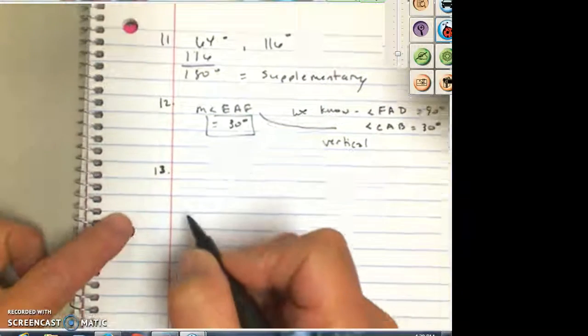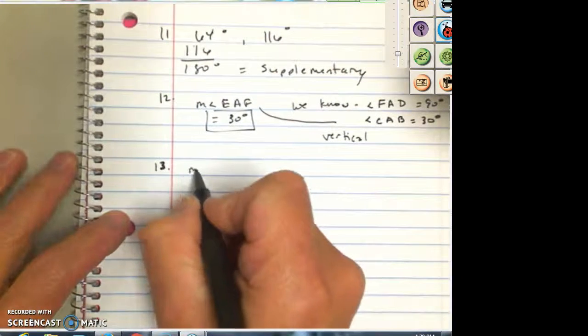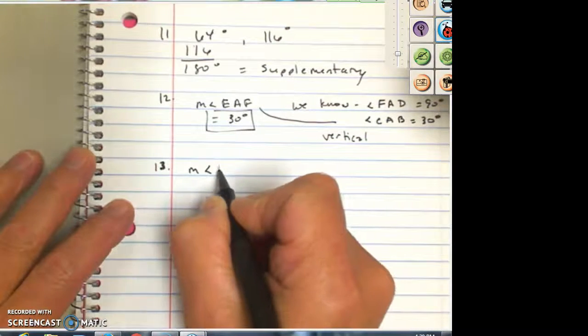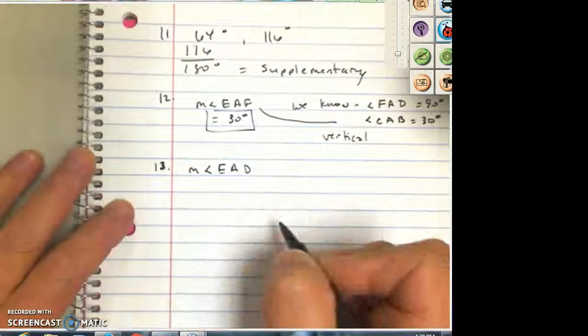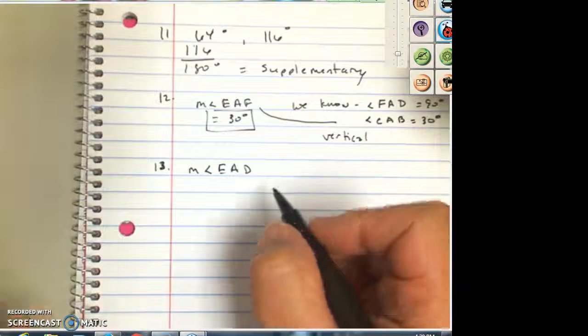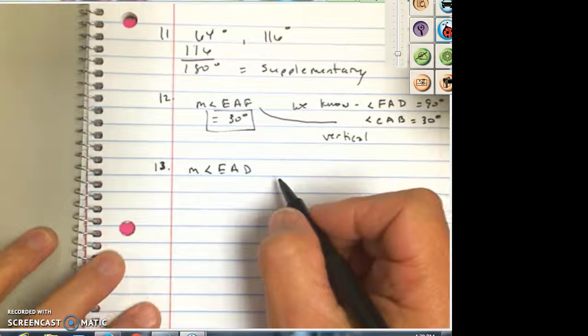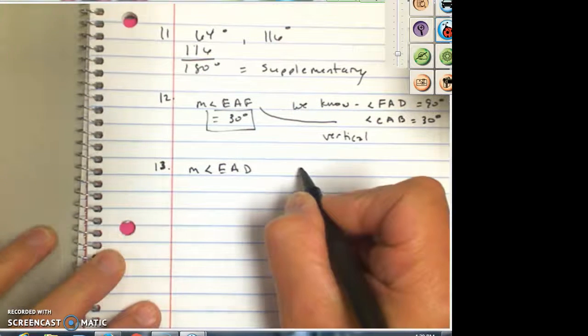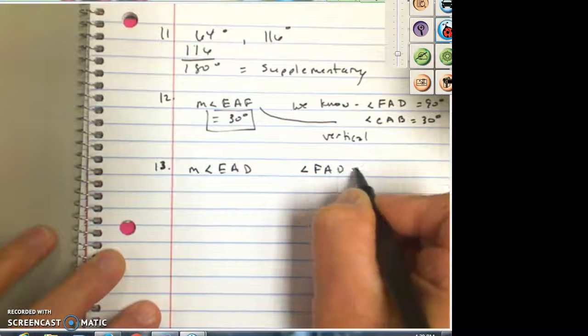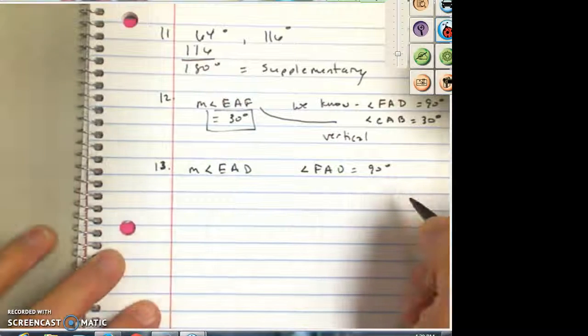Number 13, we're going to take information that we know. We're taking a look at the measurement for angle EAD. We know that angle FAD is equal to 90 degrees again.